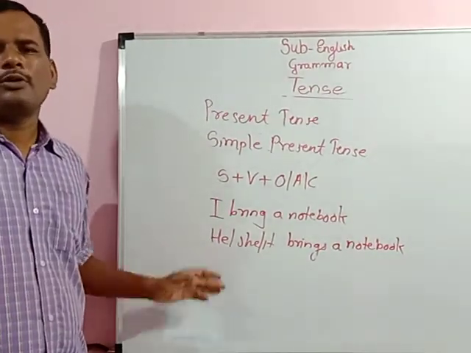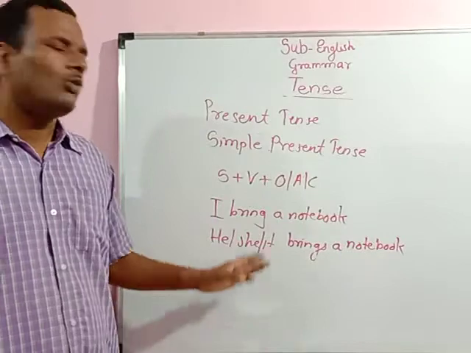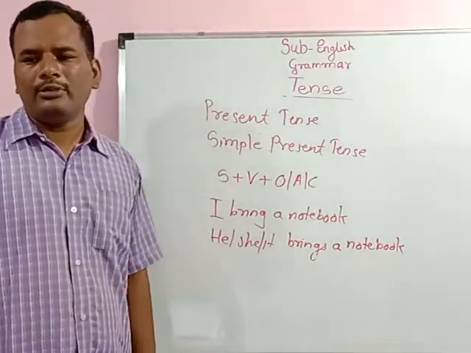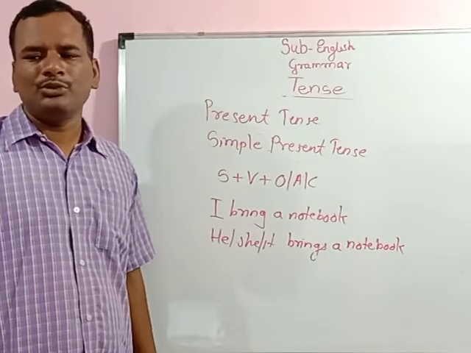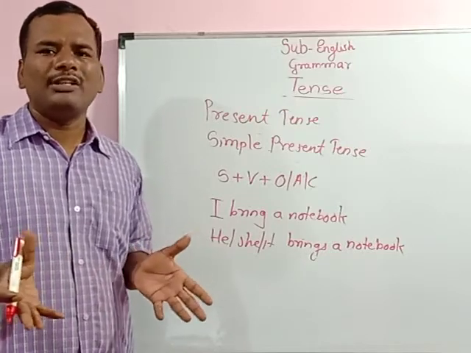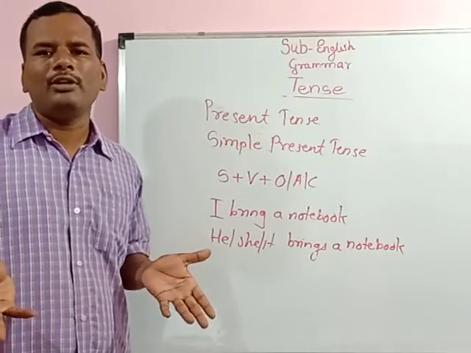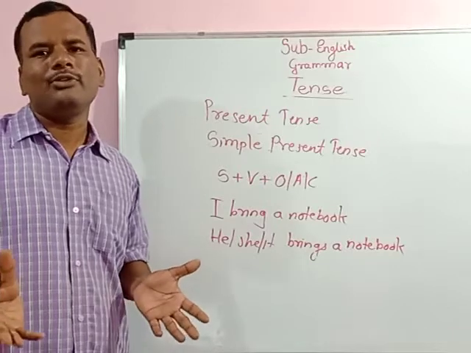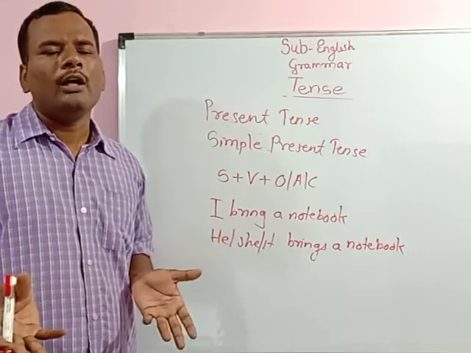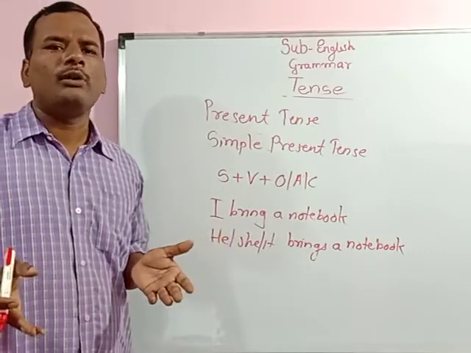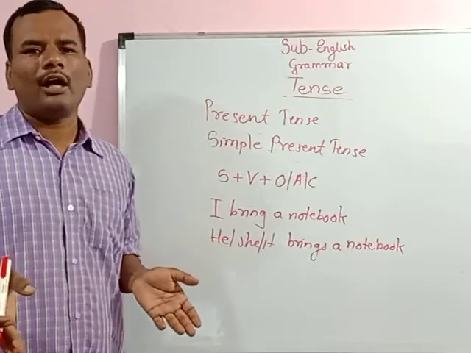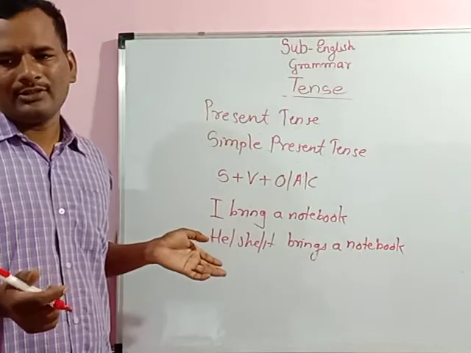Let us discuss now why these tenses are used, or what is the purpose of the simple present tense. See, simple present tense is used to denote the habitual action. You may be confused about what is meant by habitual actions. The actions which we do regularly, on a regular basis, or the things which we do always, are called habitual actions.